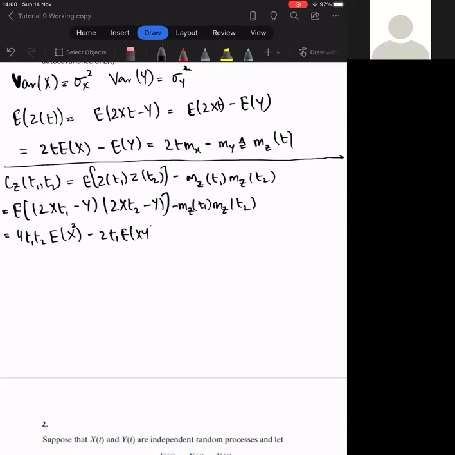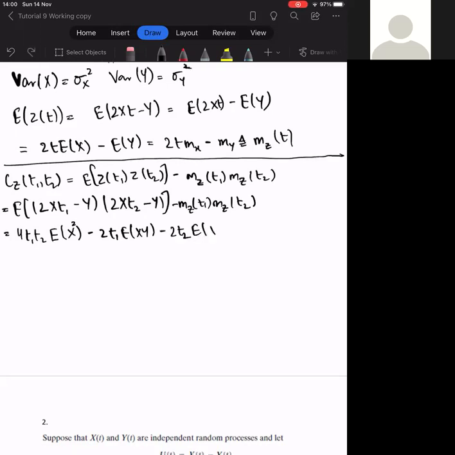And then we have minus 2 t2 E of XY. And then we have plus E of Y squared.